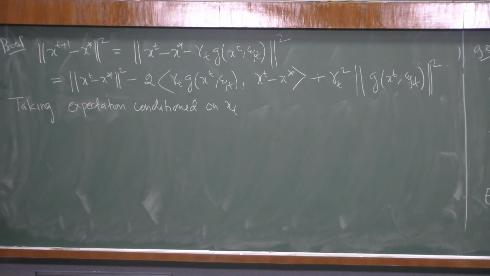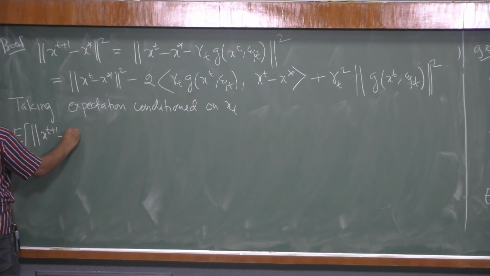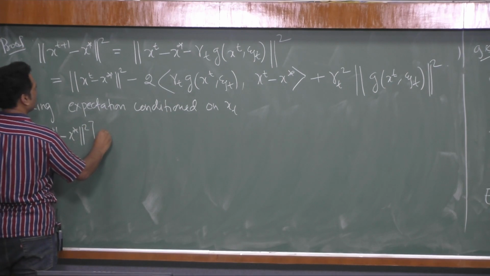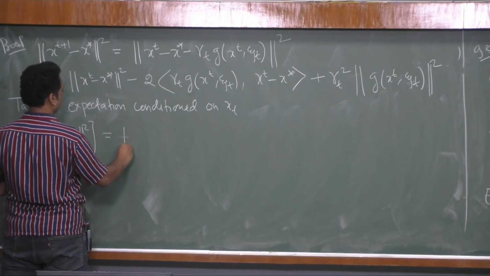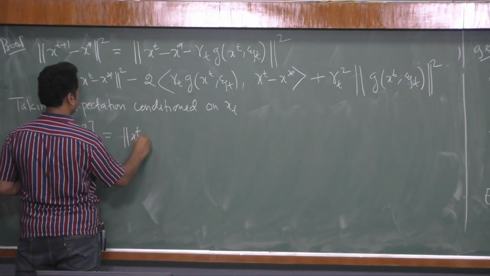So if we do that, then we will have expectation applied here, but not here because it's already conditioned on xt. So no expectation here, but there will be here.